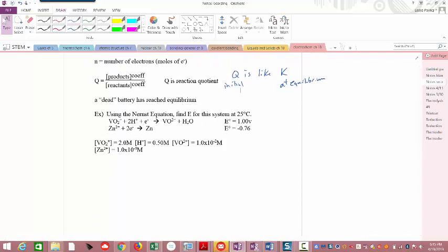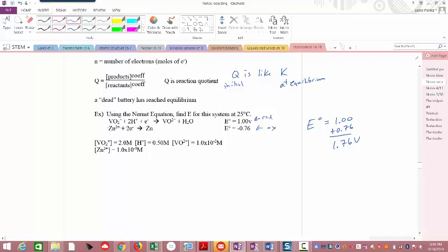So, let's find the new voltage for this system. So, this one will stay reduction. This one will switch to oxidation. So we have 1 volt plus 0.76, so we have 1.76 volts for our E naught.